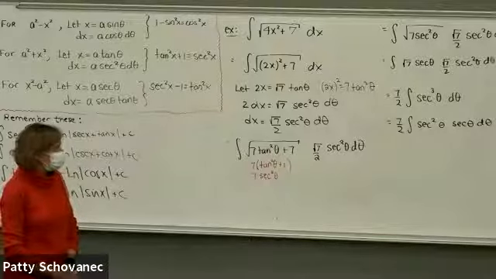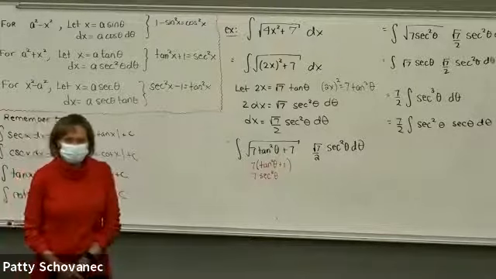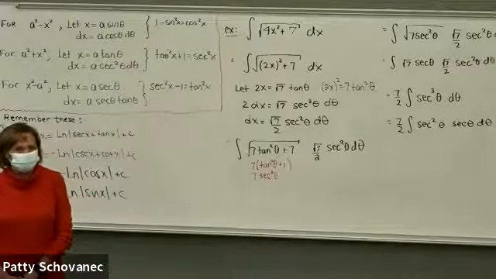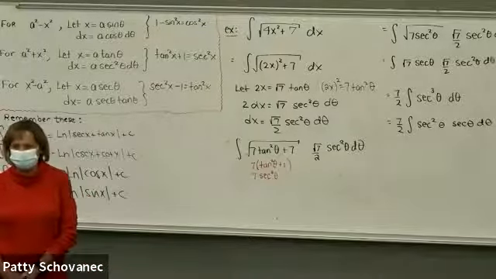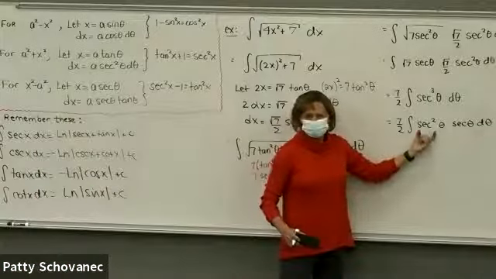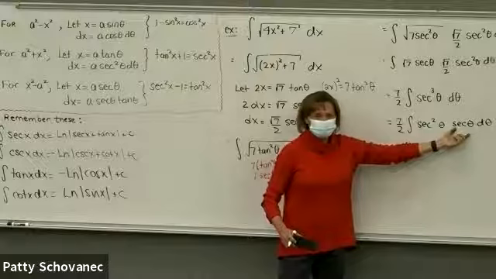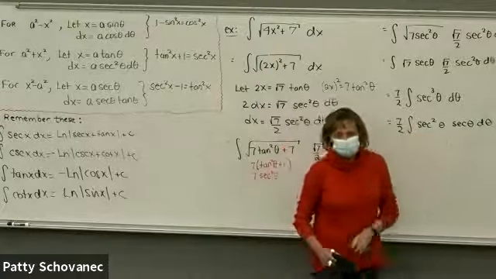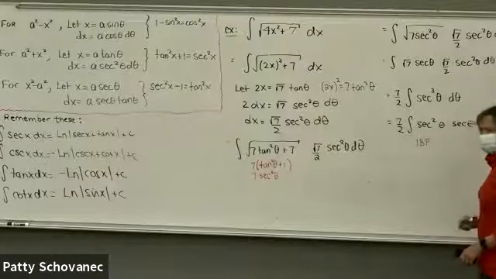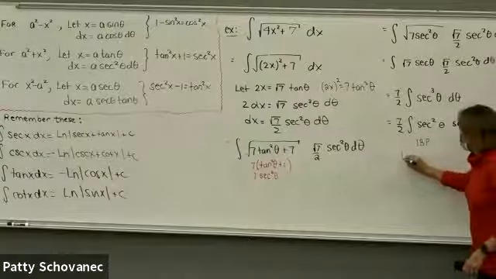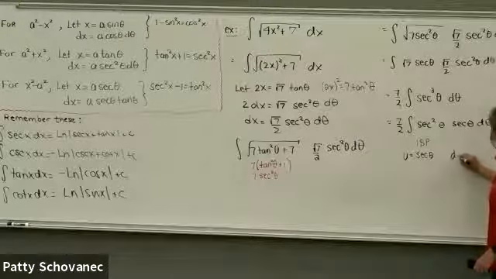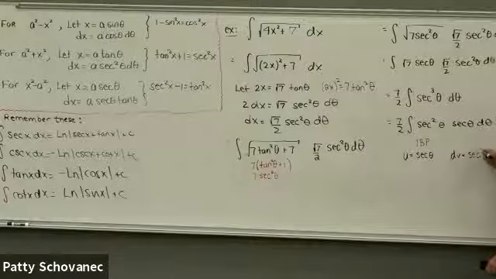And I don't want to take out my secant squared. So from here, I'm going to do integration by parts. One term I know how to integrate, one term I know how to differentiate. I know how to integrate secant squared, and I know how to differentiate secant. We'll take u to be secant theta, and dv to be the secant squared of theta.